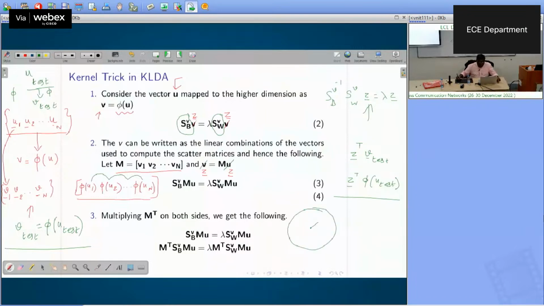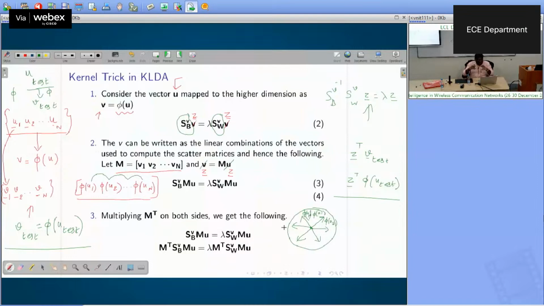What I am talking about here is the vector space. I hope you know what a vector space is. This is the vector space, and individually these vectors are phi of U1, phi of U2, up to phi of UN. These are all the vectors in the vector space.